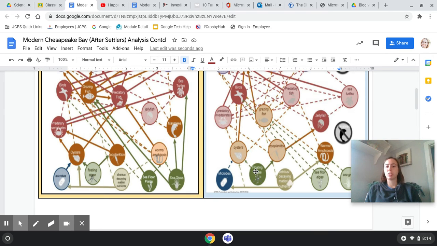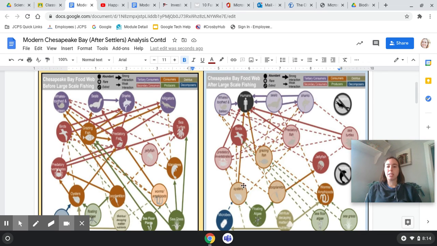Why are oysters rare? Notice that oysters have a strong connection with humans. Humans are fishing oysters, causing oysters to be rare. With less oysters and with less zooplankton feeding on the floating algae, it has become abundant.